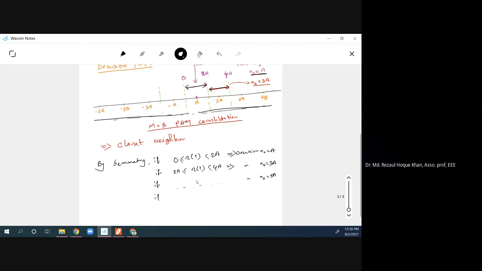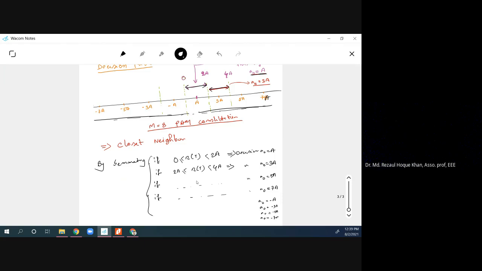If this is the condition, the decision A0 will be 7A. Same thing for minus A, minus 3A, minus 5A. So A0 has to be minus 3A, A0 has to be minus 5A, and A0 has to be minus 7A. So these are all the decisions.